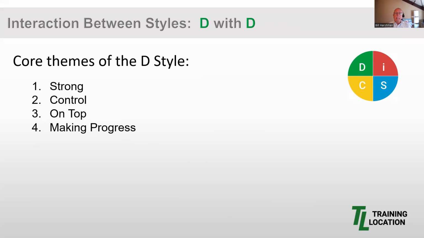Now, one can see that if 2 or more Ds, there can be 3 or 4 Ds in the room for that matter, are interacting, you can imagine how the combination of the need for control combined with the need for winning could preclude Ds from cooperating toward a common goal or task. The same could be said of the manager who assigned a particularly important task and then hand chose only Ds to work on it. Not necessarily the best solution to a problem.